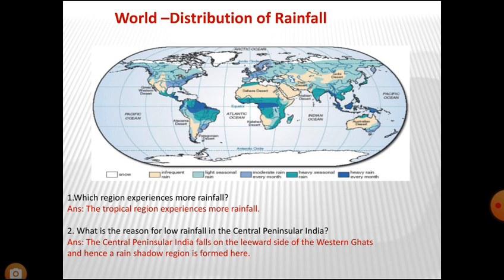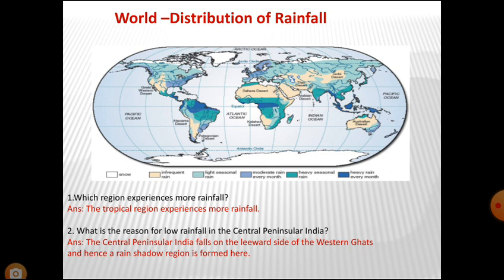Continental areas of the Indian subcontinent receive less rainfall. Now, Eastern Africa has a hilly region, and due to the cool climate, the process of convectional rain does not occur in this region. Despite being located close to the equator, therefore this region too receives less rain.